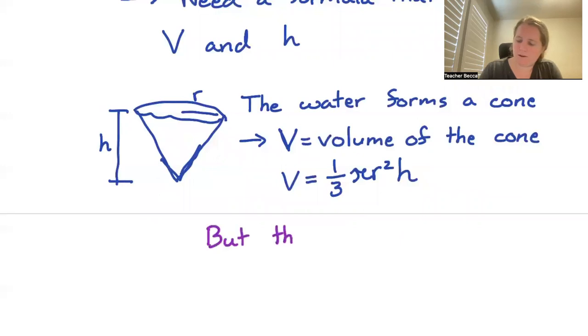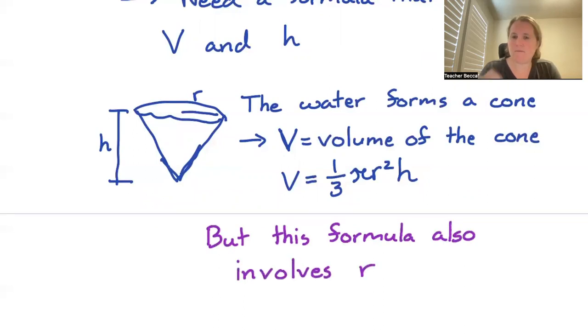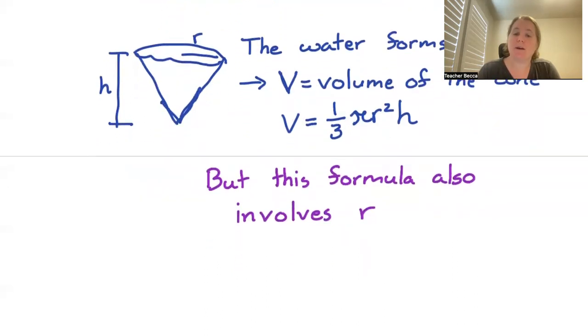But this formula also involves r. So this is where similar triangles come into play.